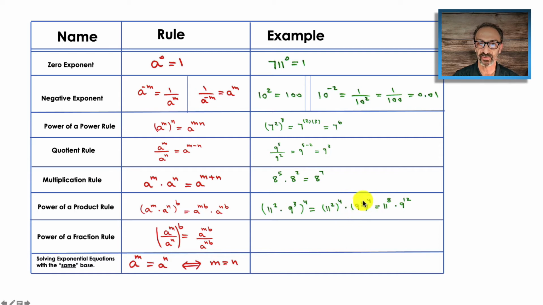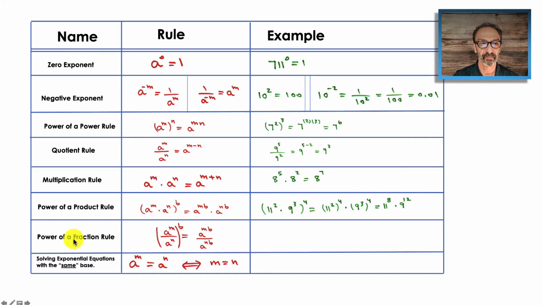As you can see, the 4 is now distributed as an exponent to both powers inside, and we keep the multiplication. From the power rule up here, we multiply the exponents. 3 times 2, which is 6. Now here, 4 times 2, 8, and 4 times 3 is 12. That should do it for this problem.